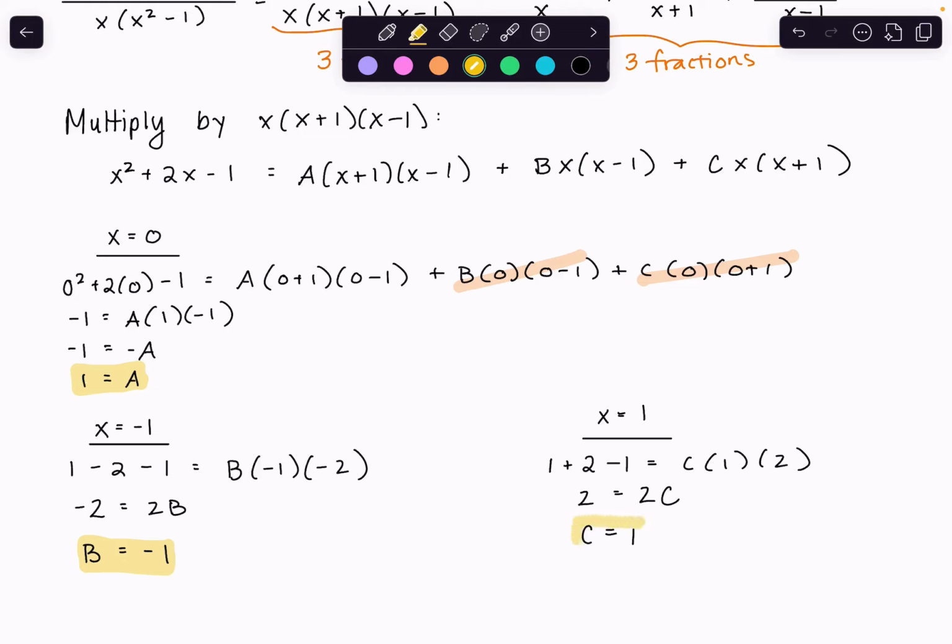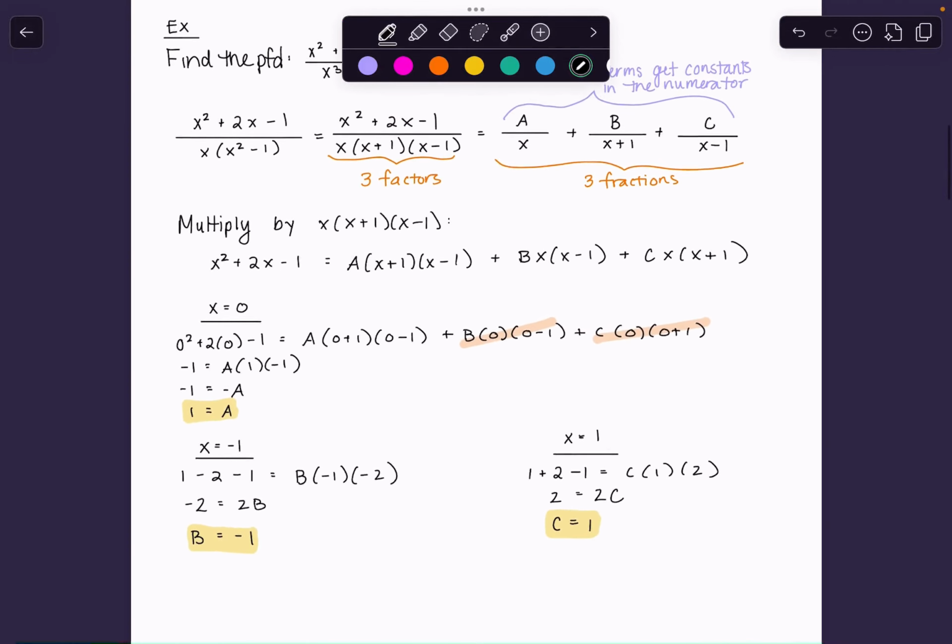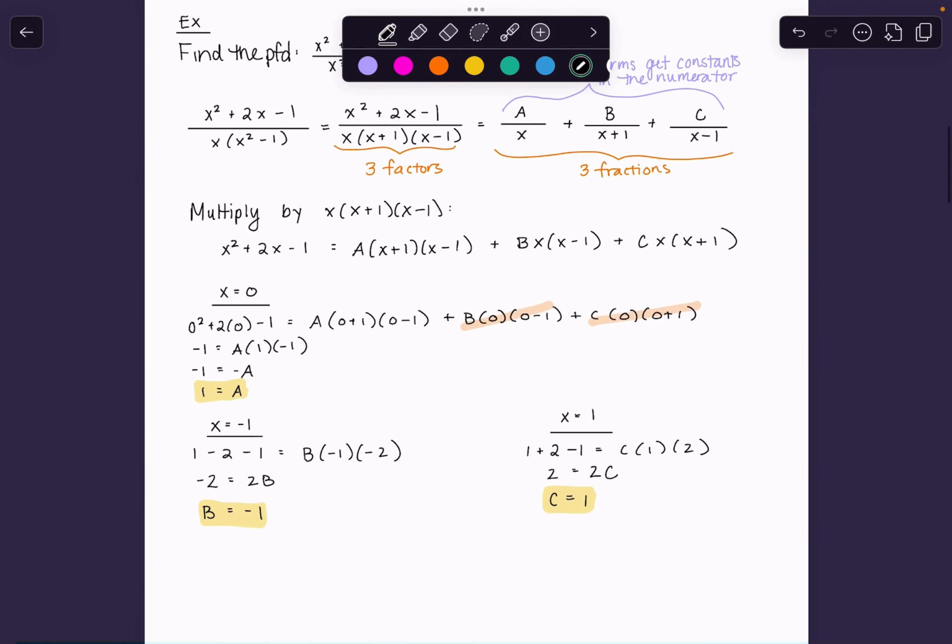c is +1. Okay. So our partial fraction decomposition, to just zoom out to get it all the way back up here, is we started with x squared plus 2x minus 1 over x times x plus 1, x minus 1. We get a over x.